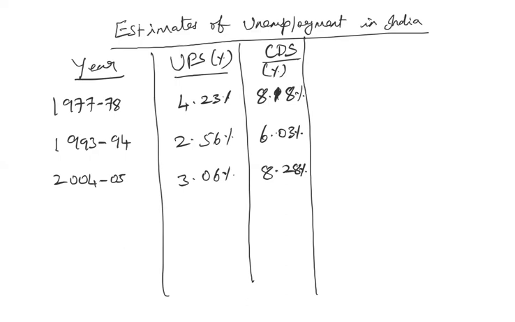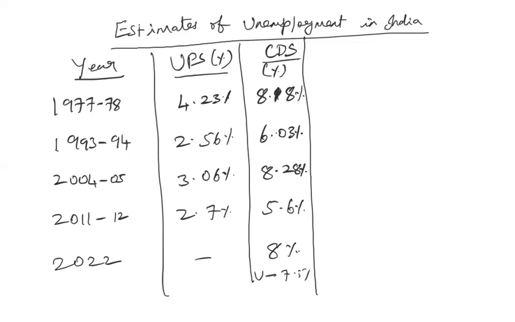This is because of the economic reforms introduced in the country. And in 2011-12, this again decreased, so people have adjusted to the new economic reforms. So it was 5.6%. And next, 2022, the current level, we don't have the data for this. It is estimated at 8% as the current level of unemployment in the country. Urban areas 7.5% and rural areas 8.2%.